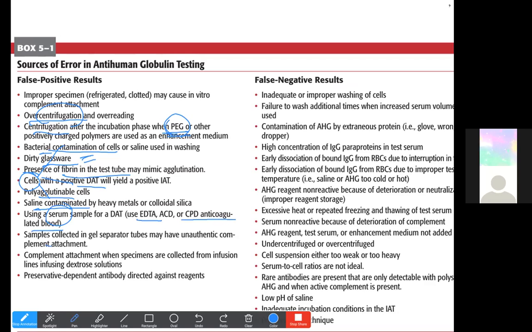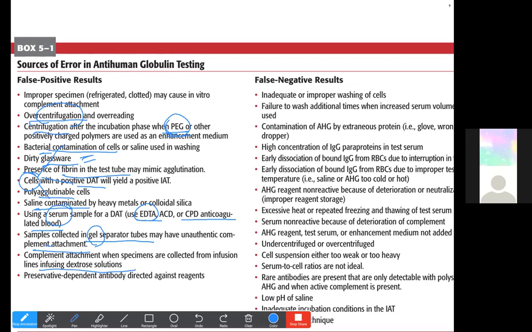Samples collected in gel separated tubes may also have unauthentic complement attachment. Even EDTA may cause unauthentic complement activation, and even gel separated tubes may also cause unauthentic complement attachment.